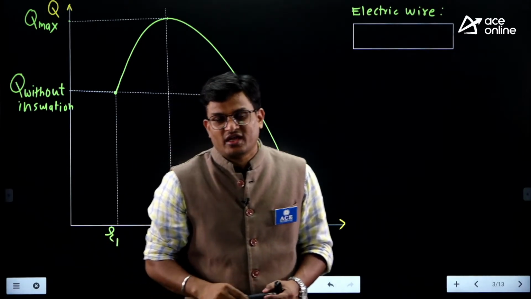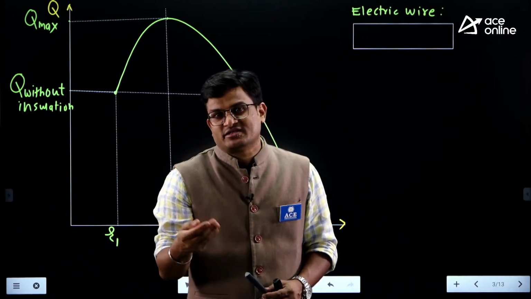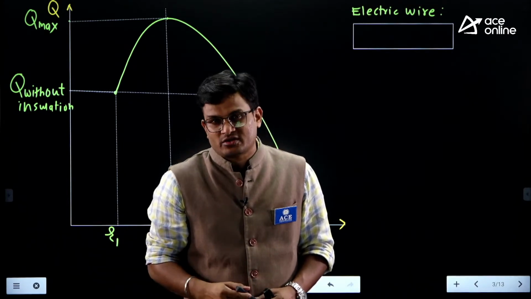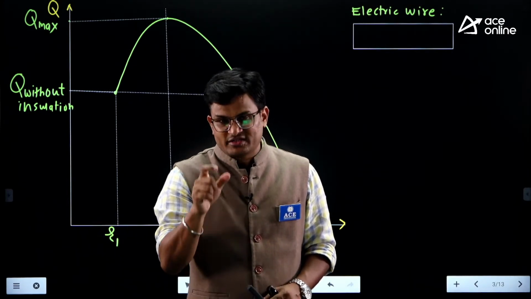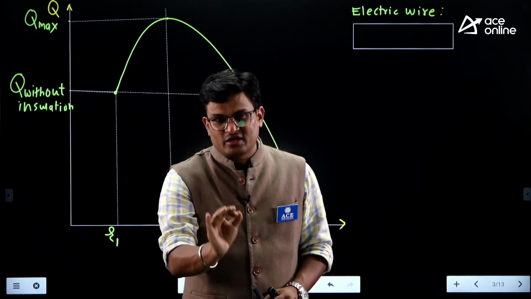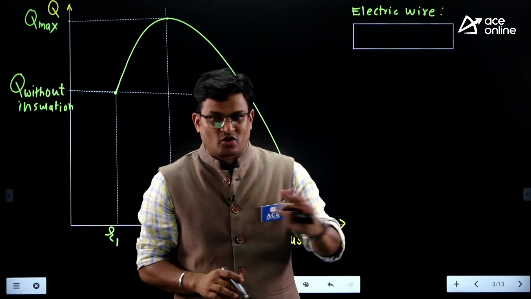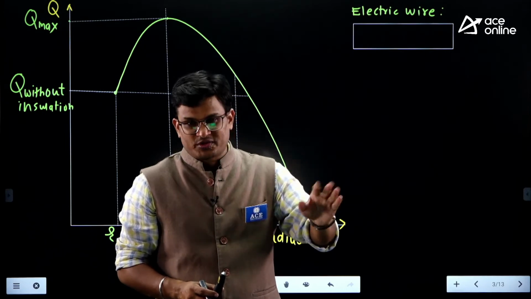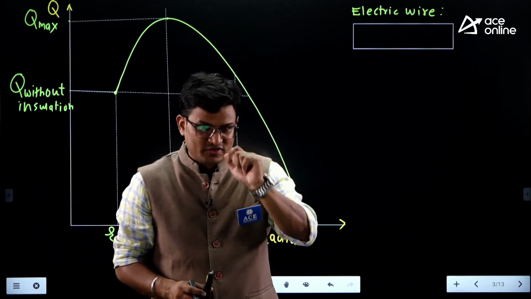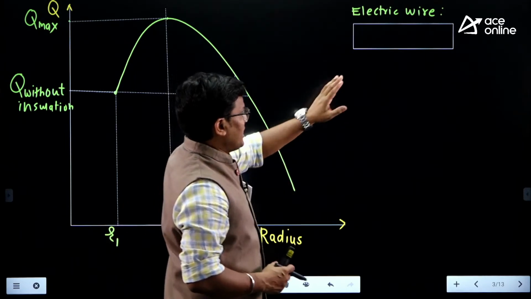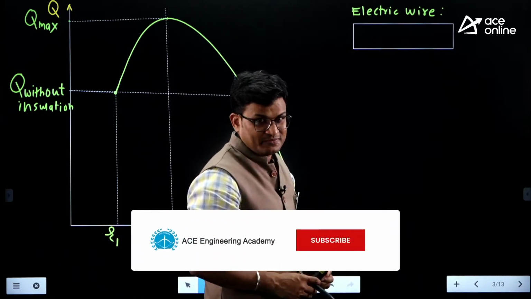Why you have to insulate? Because if you don't insulate, there is a safety issue. Due to the electric shock, some person may die. So there is a safety reason. So compulsory you have to insulate the wire. There is no other option. Wire has to be insulated, first thing, right? So wire has to be insulated for a safety reason.